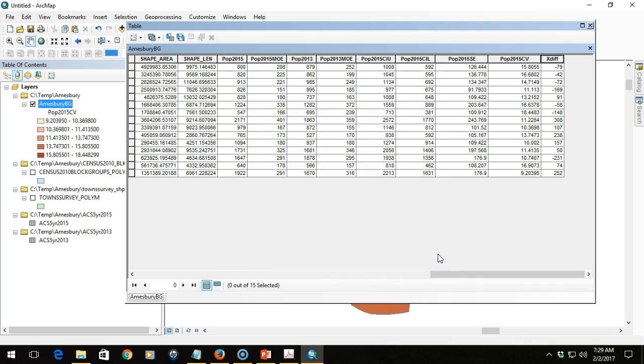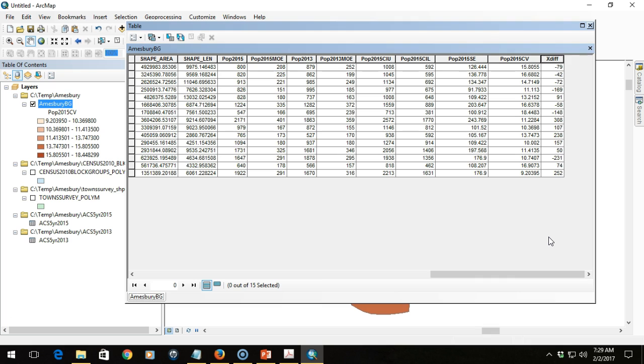When we look at the differences between the estimates, we can see in some places there was an apparent decline between 2013 and 15, and in some places a growth. But again, the question is, are those differences real given the margins of error, or rather the variability of those statistics? And the way that we compute that is to use a test of significant difference.